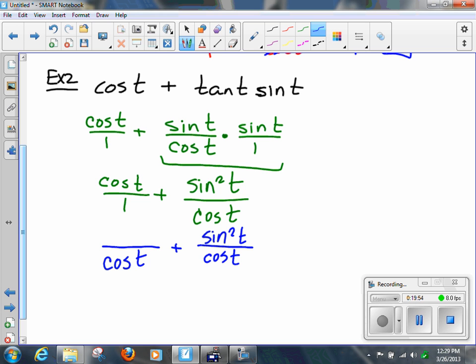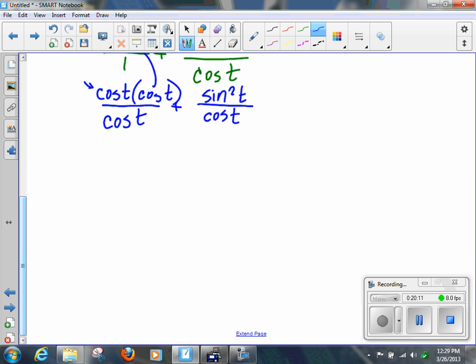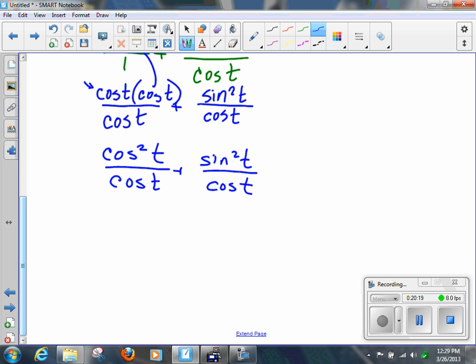Cosine t times what's already there, and y'all know I'm going to write this out. You don't have to, but I'm going to. So this is the one we're multiplying. This one comes from our original numerator. What's cosine times cosine? Cosine squared t over cosine t plus sine squared t over cosine t.